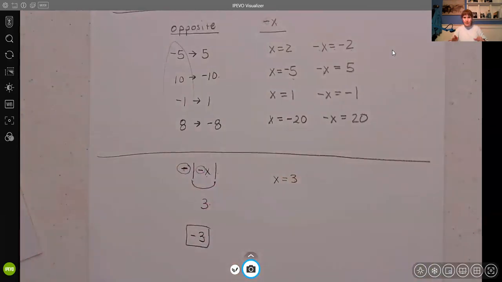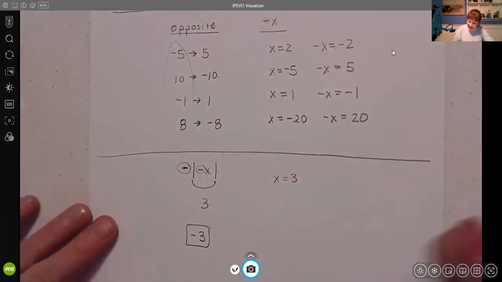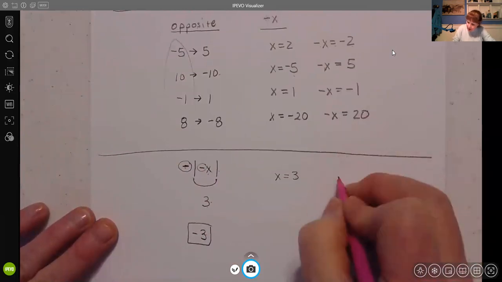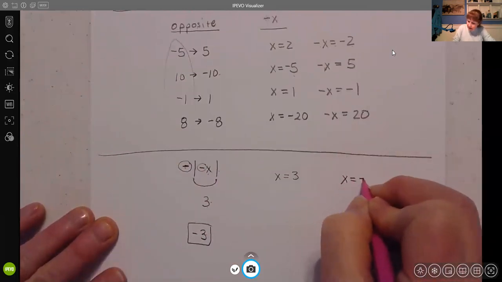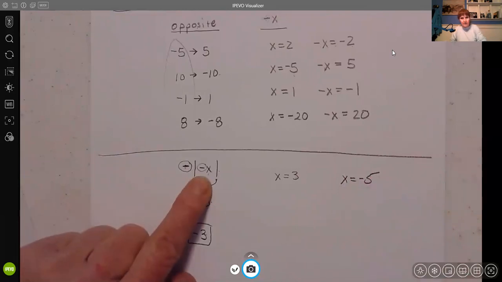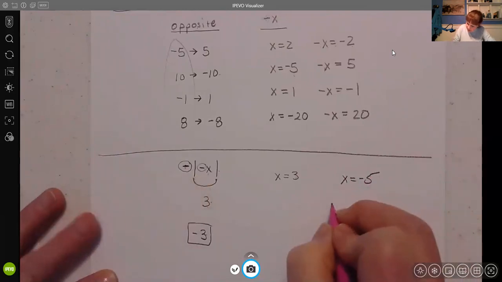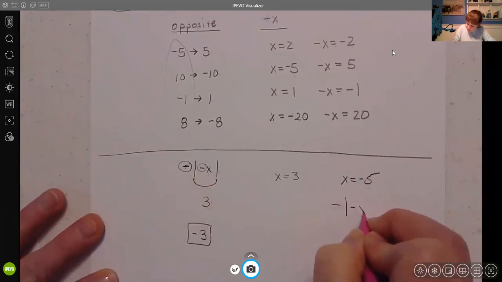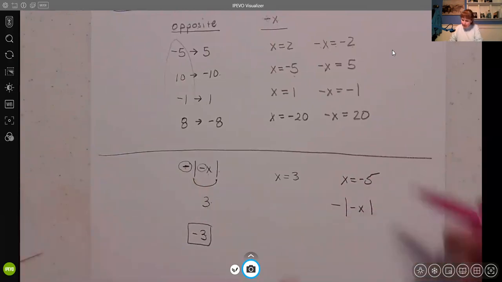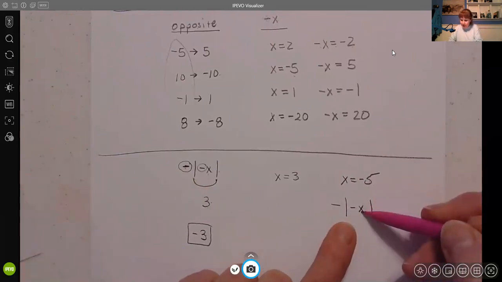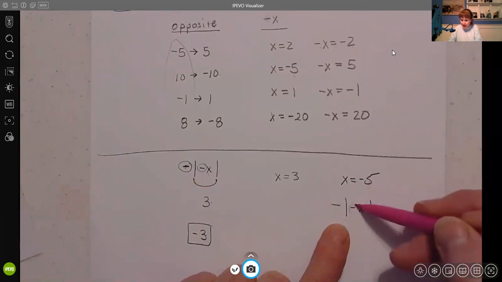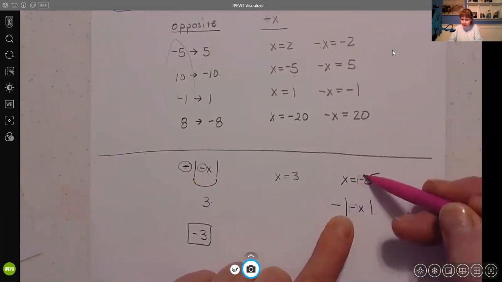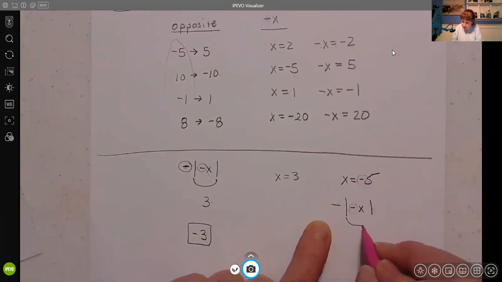Let's do some examples here because I guess it's kind of confusing. So let's put in a -5 for x. If I put in a -5 here, it doesn't really matter about this. It doesn't matter about this. This part will always be positive.